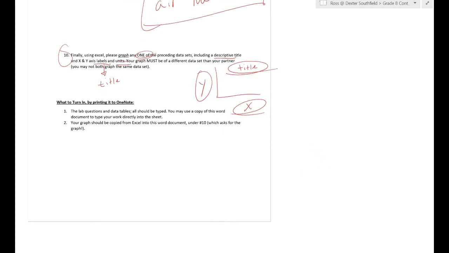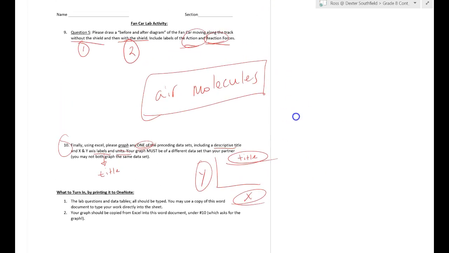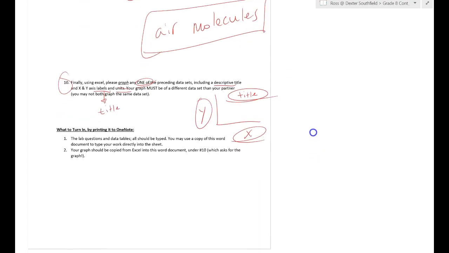When we're turning this in, the OneNote page that you have here is just for you, right? I'm not going to look at the notes that you've taken on your OneNote page. You will then have the Word document, and you should type your answers into that Word document.